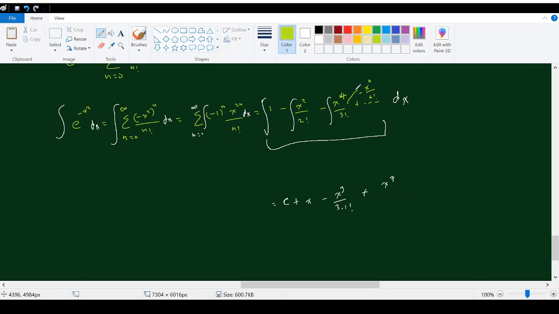So after this one you have this, right? Okay, so anyway, now accordingly the integral of this one will be 5 divided by 5 times 2 factorial, negative x to the power 7 divided by 7 times 3 factorial, and likewise you can obtain the integrals.